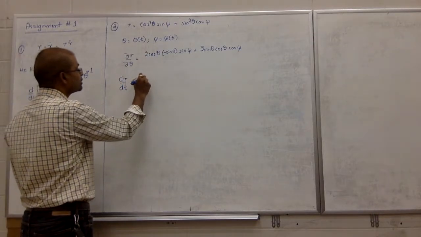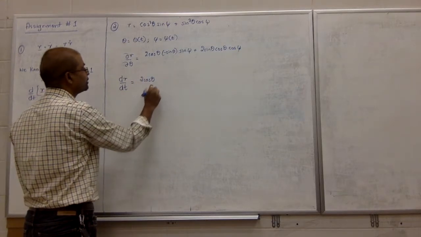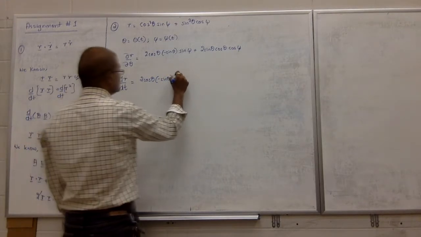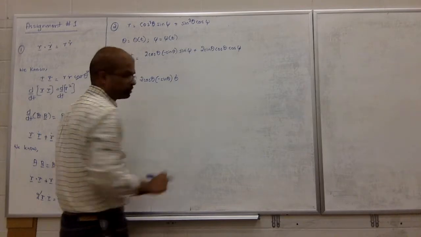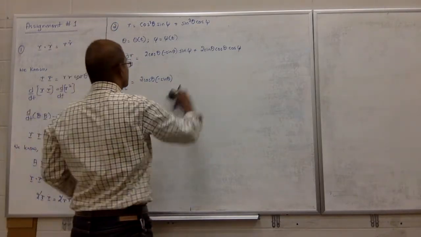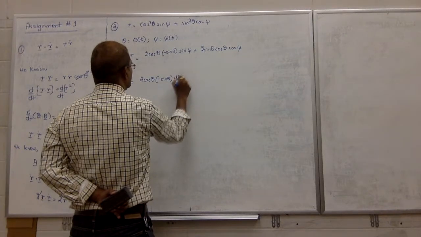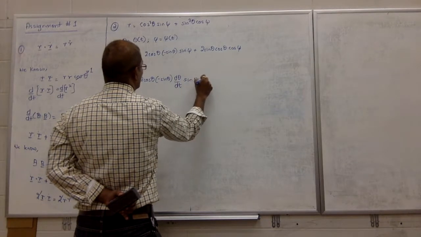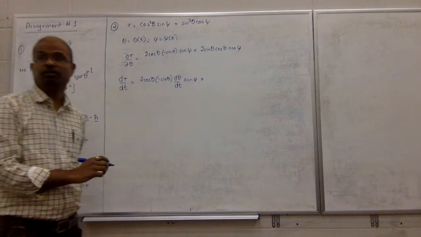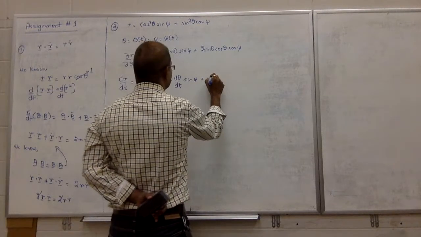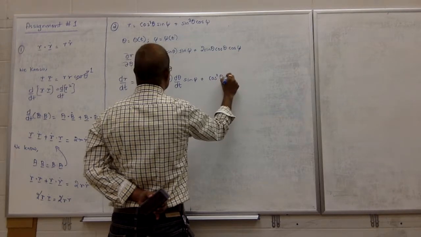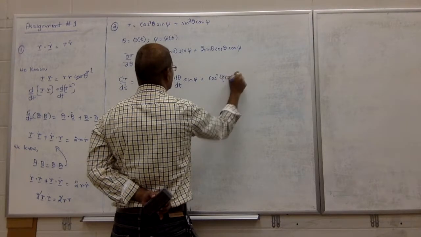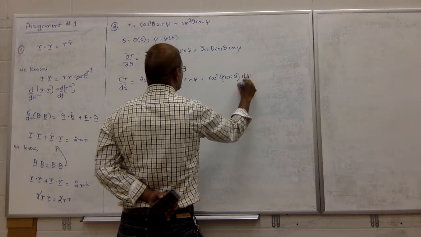So here what you need is 2 cosine theta minus sine theta, theta dot, or d theta by dt, and sine psi, plus, guys, pay attention here, cosine square theta cosine psi or minus cosine psi d psi by dt.